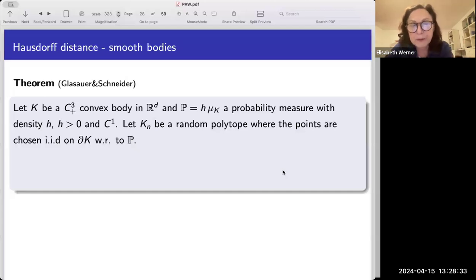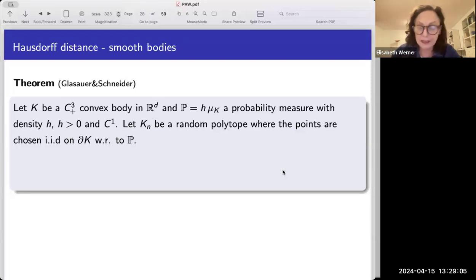And we look at a probability measure P, where we hit the surface measure mu_K with h. So h is a strictly positive density, that is C1, and it's normalized, so that's a probability measure. With respect to this probability measure, we choose points on the boundary of K, points x_1 up to x_n, and look at the convex hull, and that gives us again our random polytope K_n.